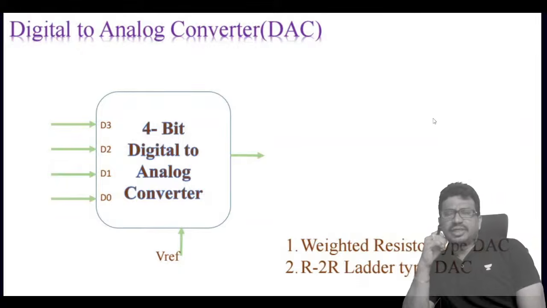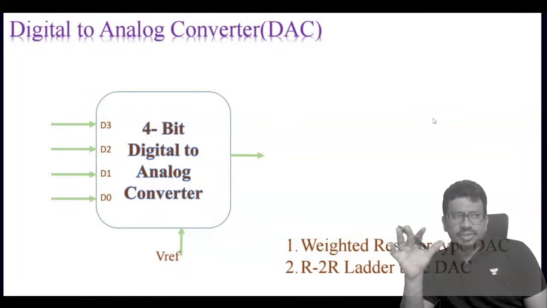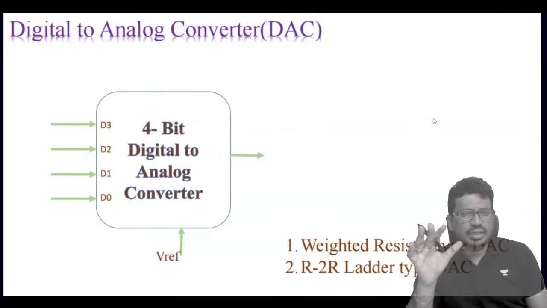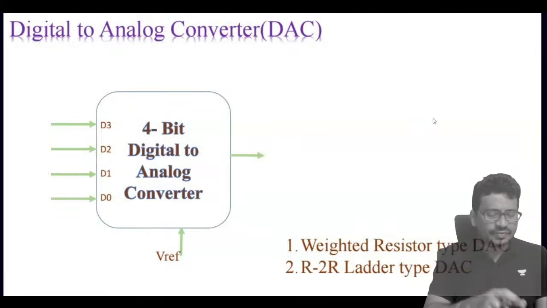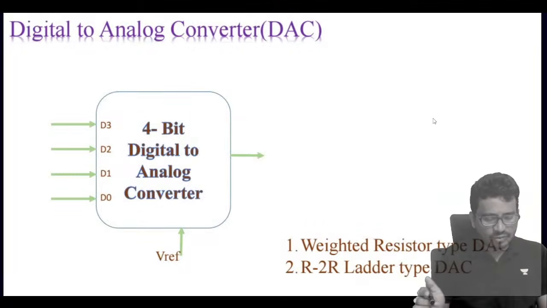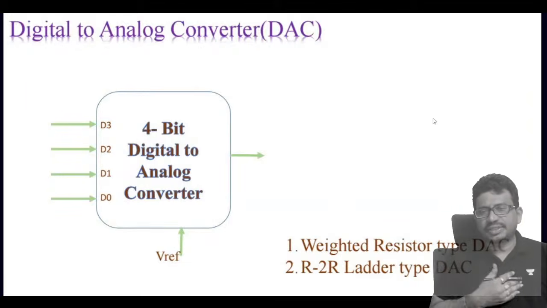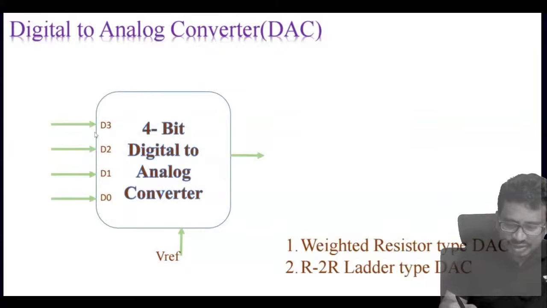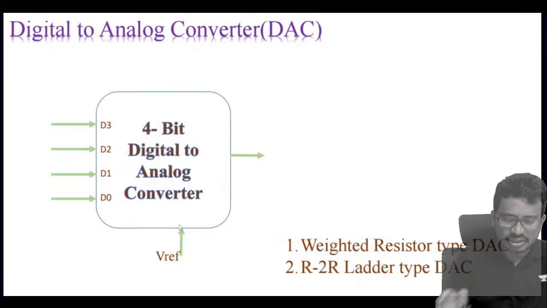Analog to digital converters and digital to analog converters. The analog to digital converter is used in the transmitter, and the digital to analog converter in the receiver. First we'll talk about the receiver, and thereafter we'll come to the transmitter. First we are talking about the DAC, digital to analog converter. Here you can see a 4-bit DAC; we have considered a reference signal.